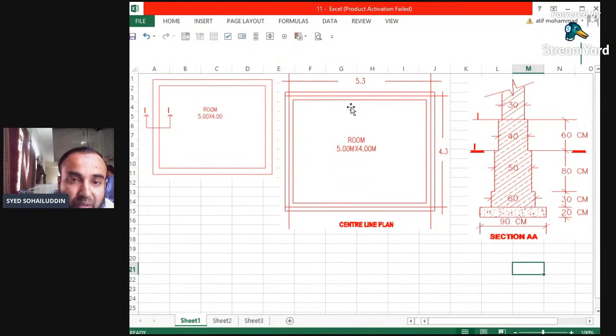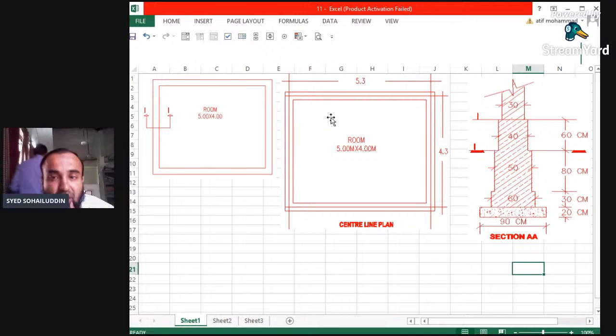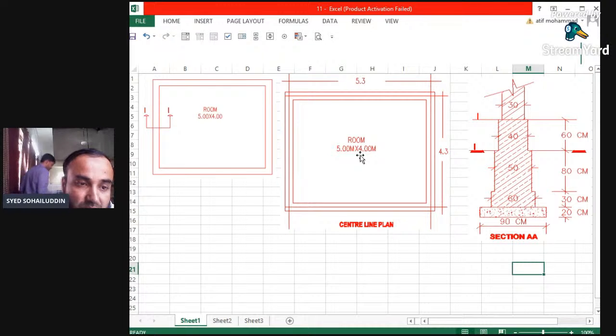Here 5 meters is along the length, but it is not always the case that the long wall is in the x direction and the short wall in the y direction. No, the long wall is the length in which there are no divisions. We will consider that as the long wall, and where there are divisions or the length is shorter, we will consider it the short wall.